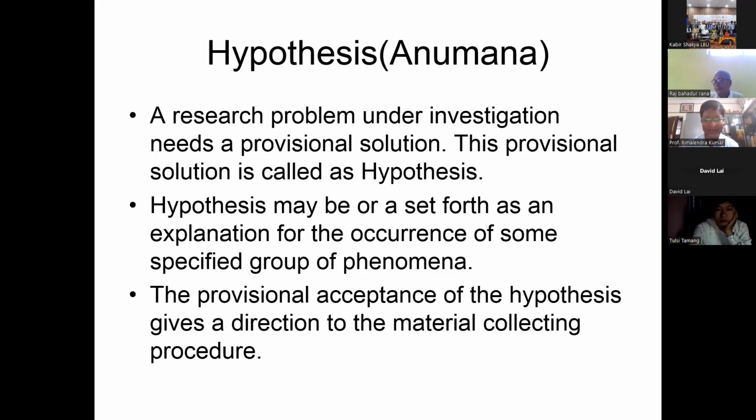We have seen how the research questions and the sub-questions have been created; the present solution which arises in your mind is called a hypothesis. On the basis of the hypothesis, you are going to search for your materials and collect your research data. Unless you have your hypothesis, you cannot proceed to the literature review also.